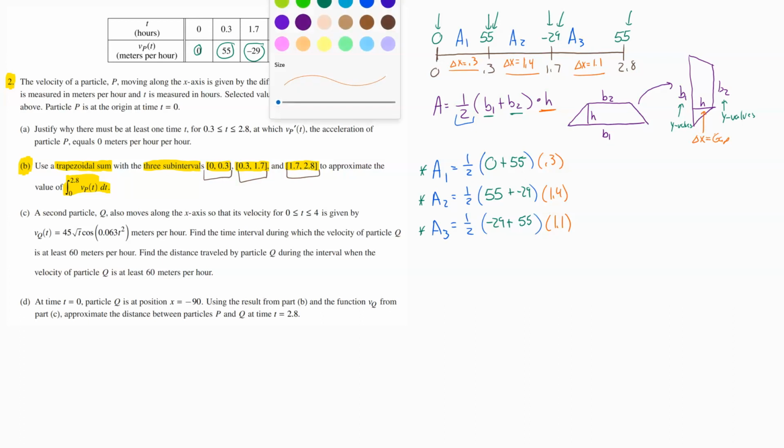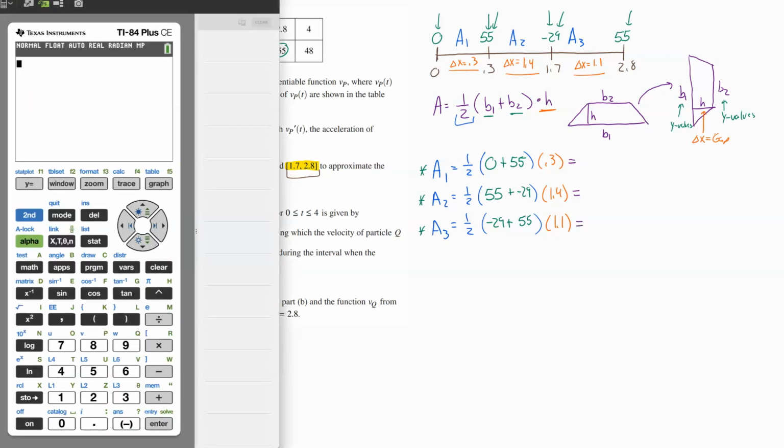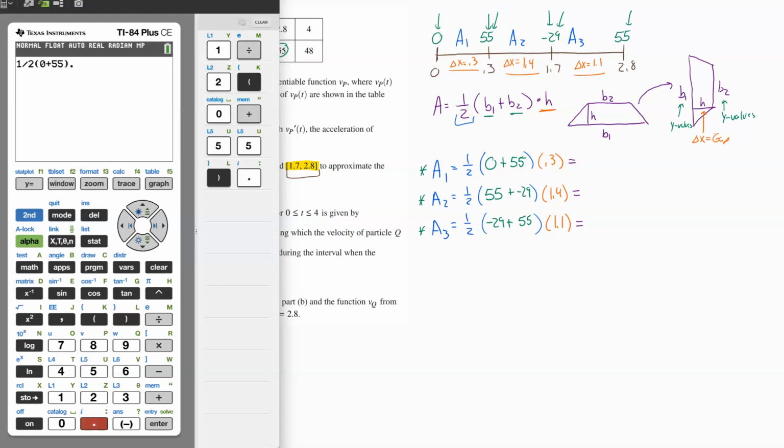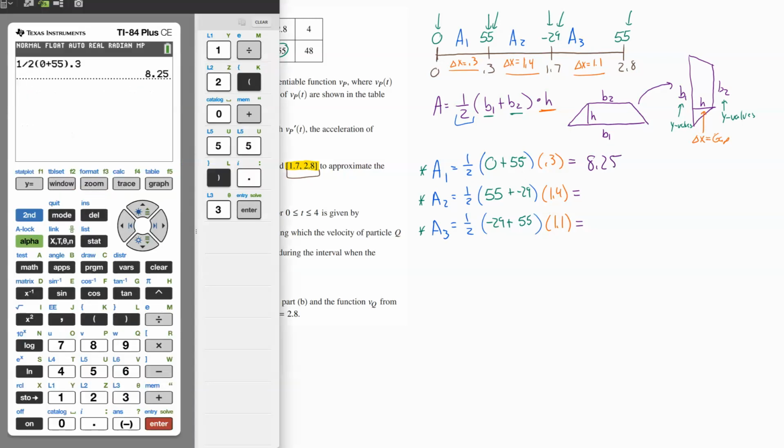And now we're going to find out what those actual values are. And lucky for us, this is a calculator required section. So I'm just going to open up my calculator and do it there. So I would get 1/2 times 0 plus 55, times 0.3, and that's going to get me 8.25. Then I'm going to do it for the next one.